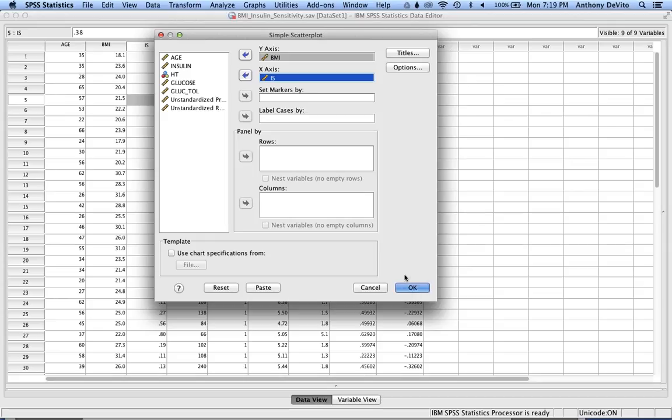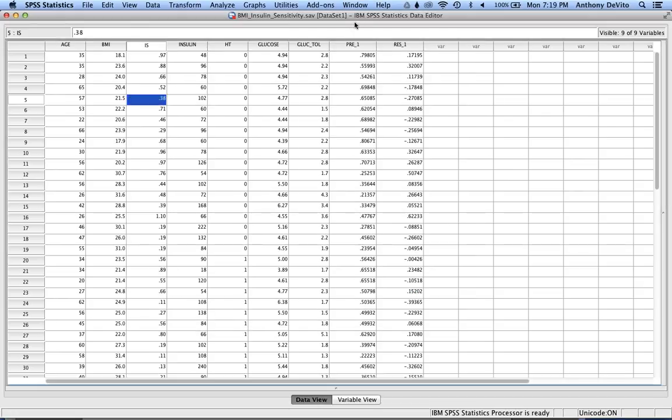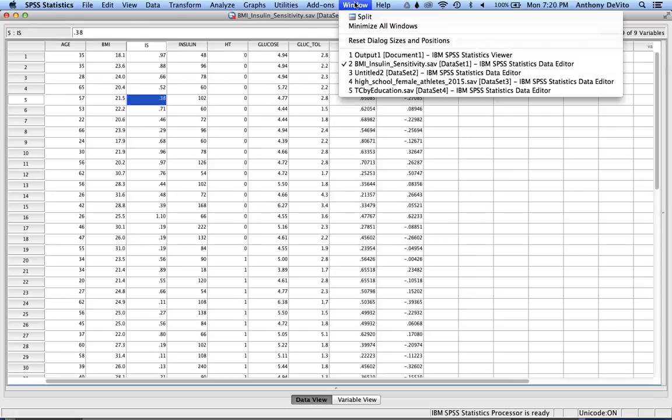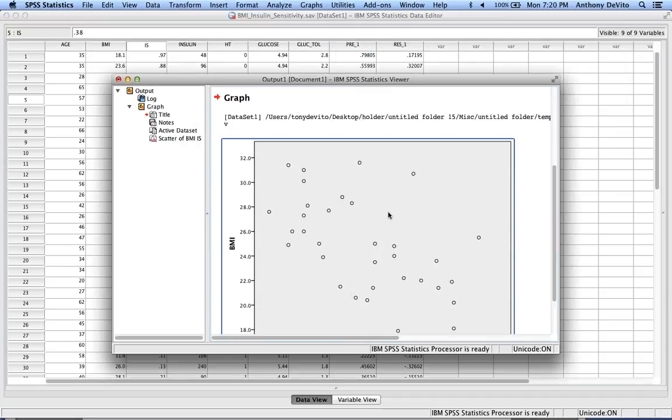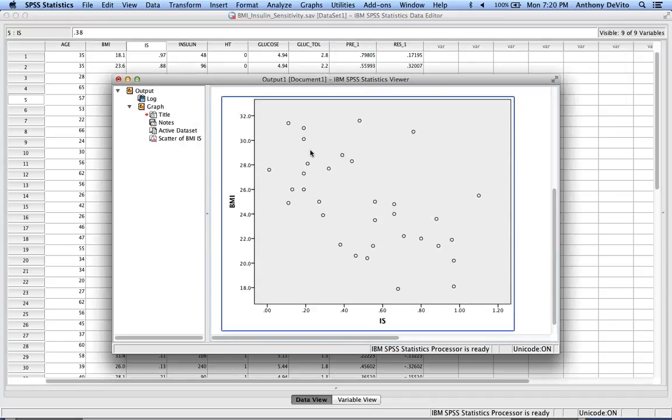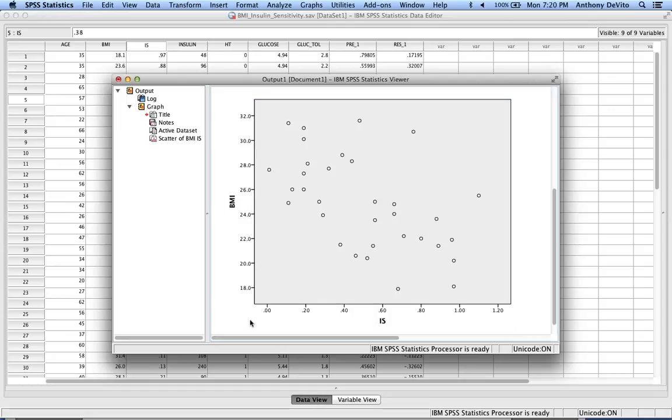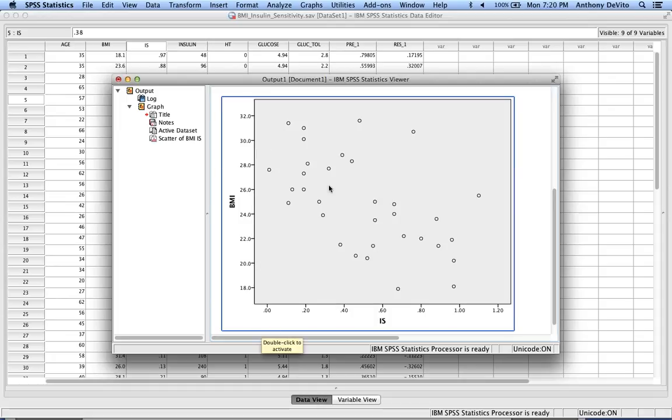Okay, so I'm not going to put in titles or anything like that. I'm just going to click OK. And if SPSS works, we should get a graph. And sure enough, we do. And what happens as BMI goes up? What happens to insulin sensitivity? It goes down. It's kind of hard to see here.